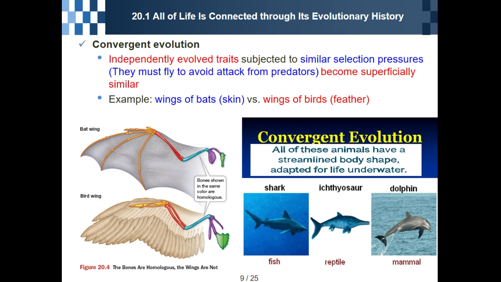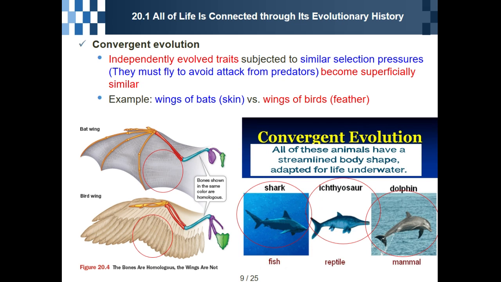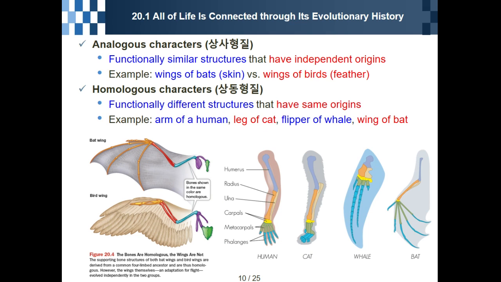Okay, now we cover what is the analogous character and what is the homologous character. So previously, maybe in high school, we didn't cover convergent evolution. We only covered the analogous character and homologous character. Let me show some details. So analogous character, in Korean, we call it 상사형질.